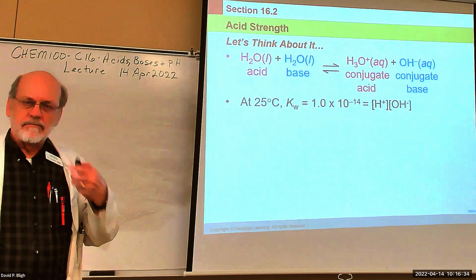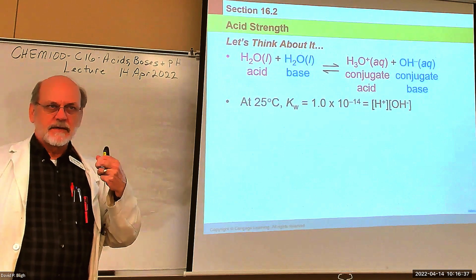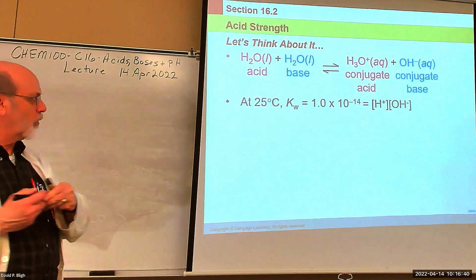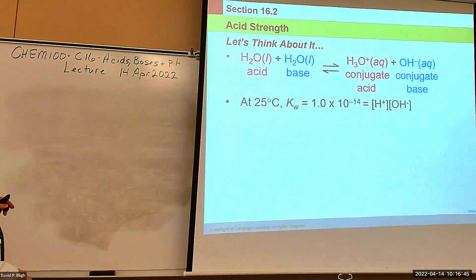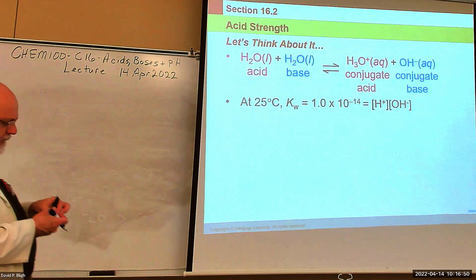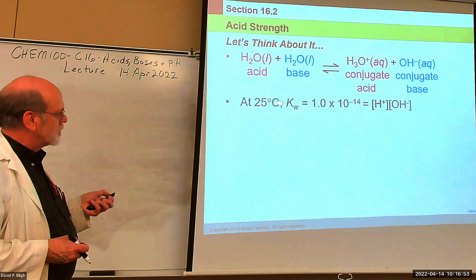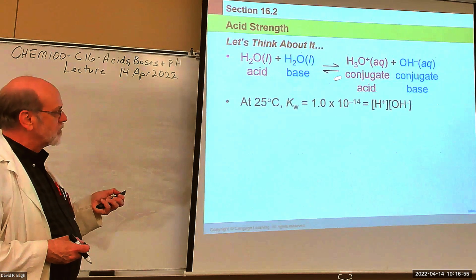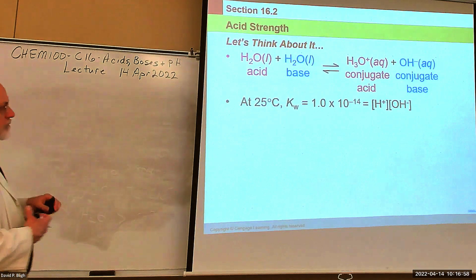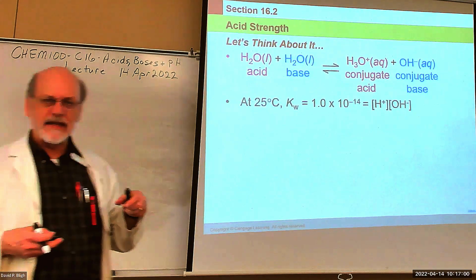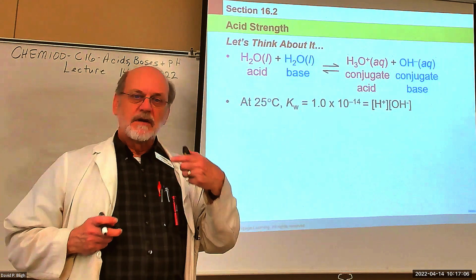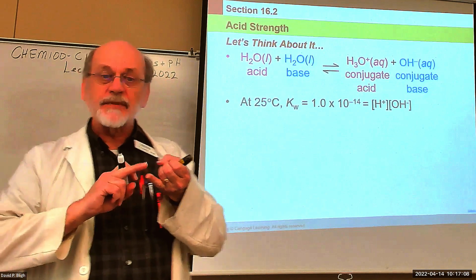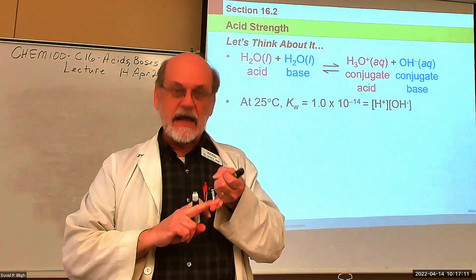Now, one rule that I didn't mention before. We sort of skipped over some things here, going from here to the K value for that reaction. What we're saying is that when you write an equilibrium expression, if you have something dissolved in the liquid, it has a concentration.